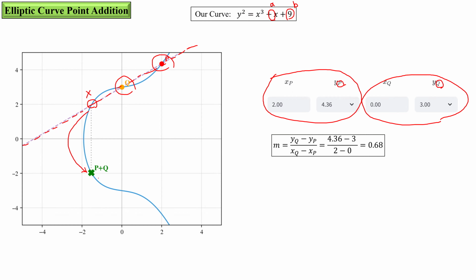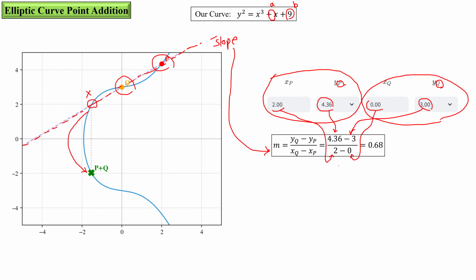The formula first computes the slope of this line, which is computed by this formula: the y coordinate of point Q minus the y coordinate of point P, over the x coordinate of point Q minus the x coordinate of point P. So here the y coordinate of point Q is this one, and the y coordinate of point P is this one, over the x coordinate of Q, which is this one, minus the x coordinate of P, which is this one, right?